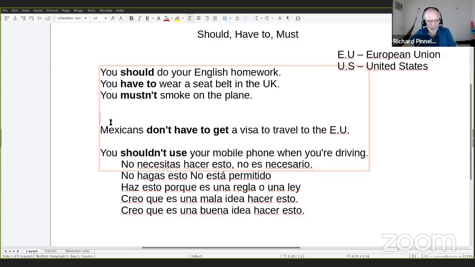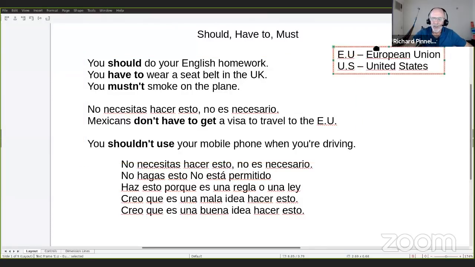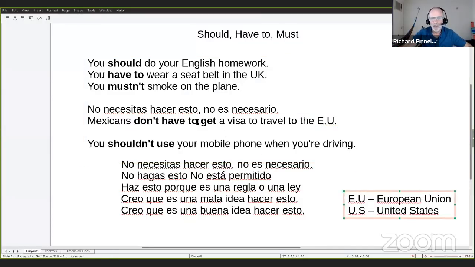En Spanish sería no tienes que conseguir. Sí, no tienes que. O no es necesario para los mexicanos conseguir una visa para viajar a la Unión Europea. Don't have to. Cuando decimos en inglés don't have to, significa que no es necesario. Si quieres, puedes, pero no es necesario.